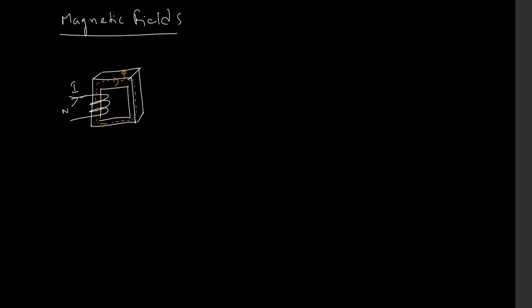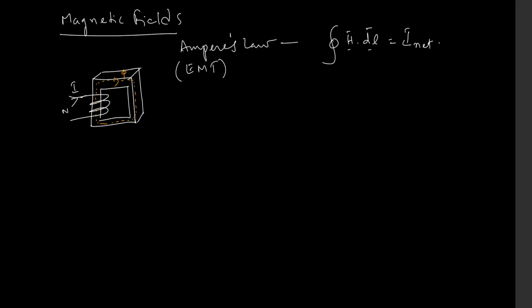And the principle behind this is the Ampere's law. In electromagnetic field theory, you will be coming across this Ampere's circuital law, that is closed integral of H dot dl is equals to I enclosed, I or I net. Okay, H is a vector and dl is a vector, right?